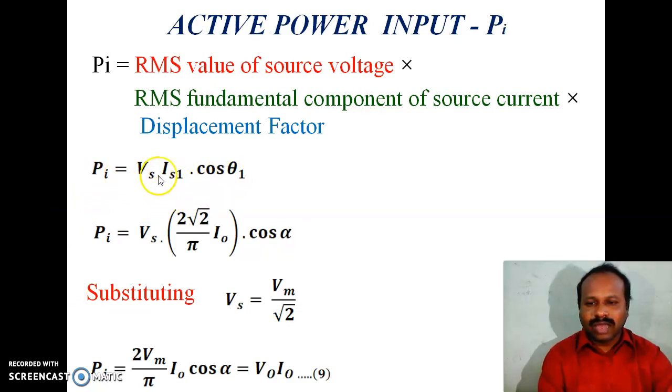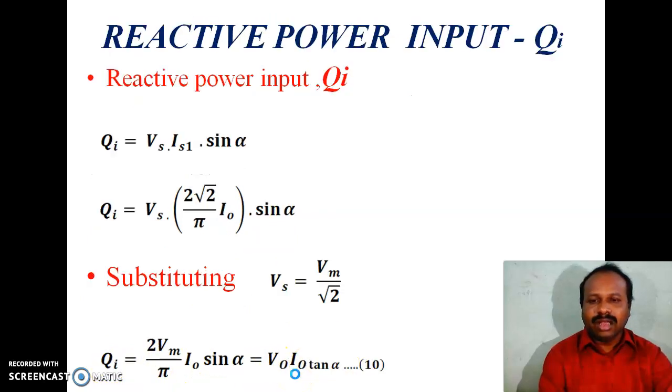Now substitute the value of Is1 as 2 root 2 I naught by pi, and the RMS supply voltage Vs equal to Vm by root 2. So now we get 2 Vm by pi I naught cos alpha. But we know that 2 Vm by pi cos alpha gives the value of V naught. So now PI equal to V naught into I naught.